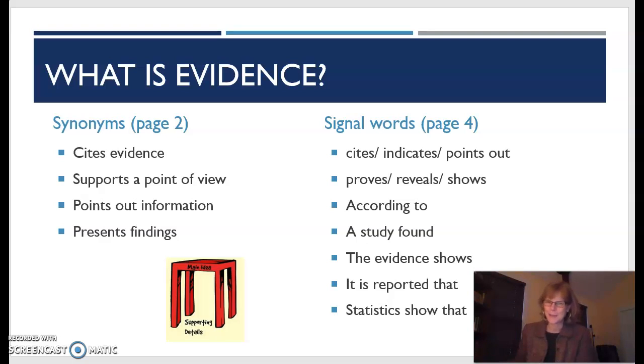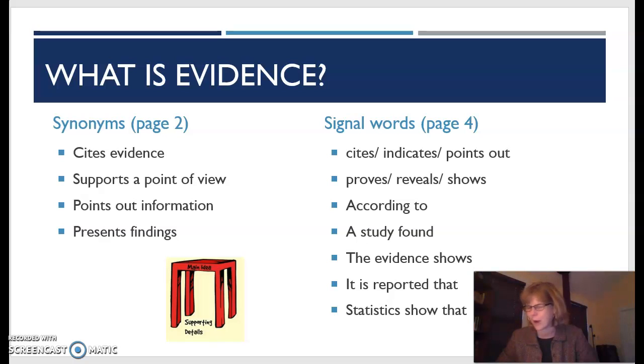If we go back to page 4 and we look for more signal words or clues that will show us where the author's evidence is, we find again a list of verbs: cites, indicates, she points out, she proves or reveals her position with this data.